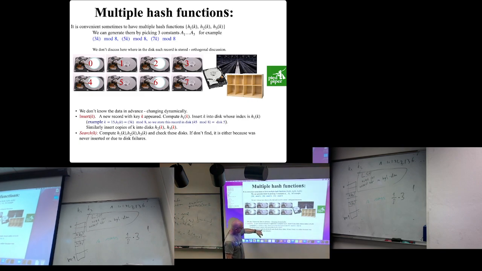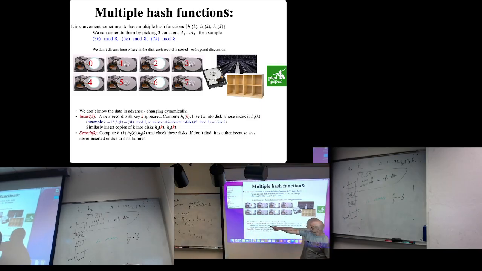So think about hash functions h1, h2, and h3. 3 hash functions. And now a new song appeared. Here my hash function will just spit out a number between 0 and 7, so for each one of the songs I'll have 3 hash functions.